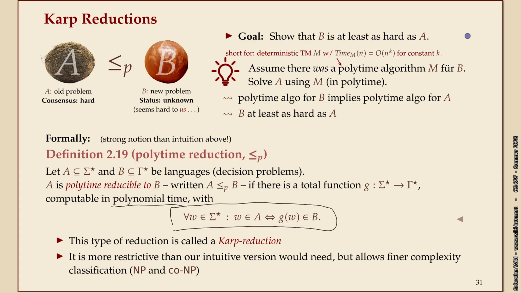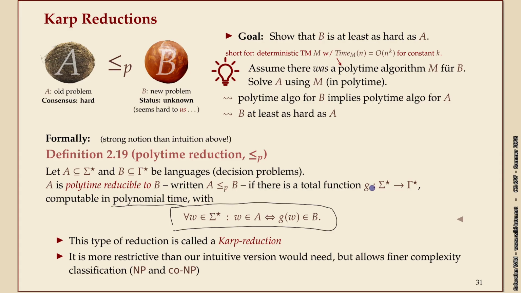If you compare this with the intuitive notion, we're actually asking for something slightly stricter. For this implication that any algorithm for B implies an algorithm for A, you could have allowed, for example, using an algorithm for B as a subroutine and calling it several times.